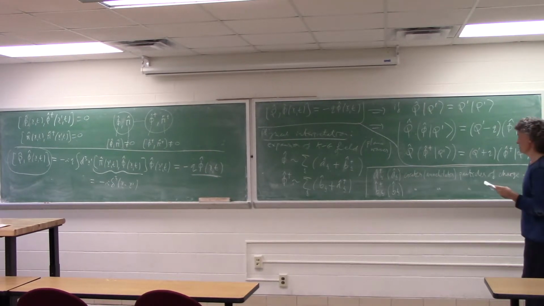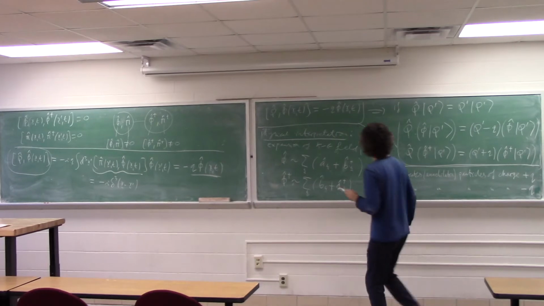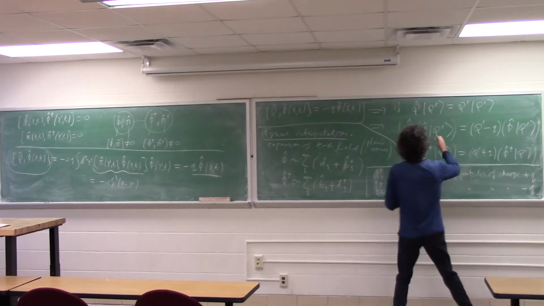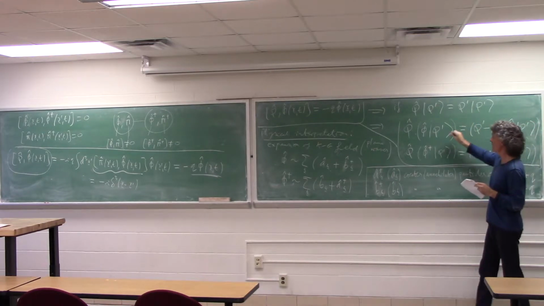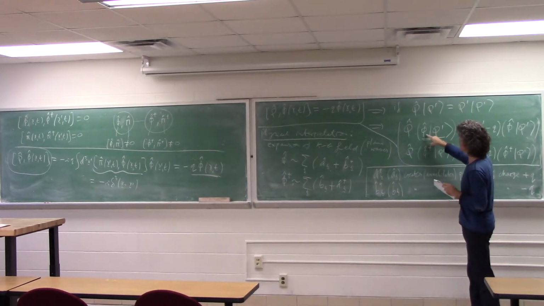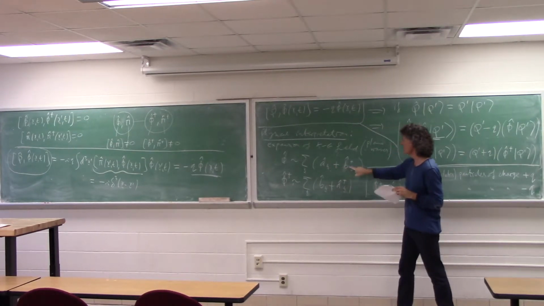So what happens? Let me just check we've got this right. Here we had a state with charge q prime. If we act on it with phi hat, we're going to act on it either with A hat or with B hat dagger.